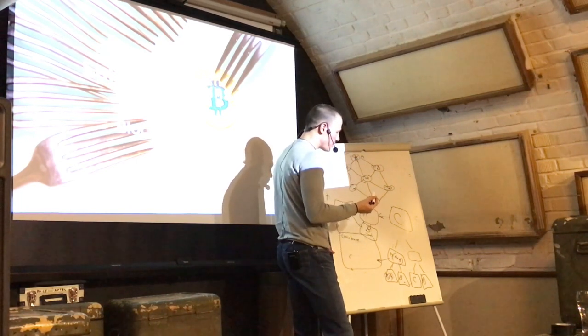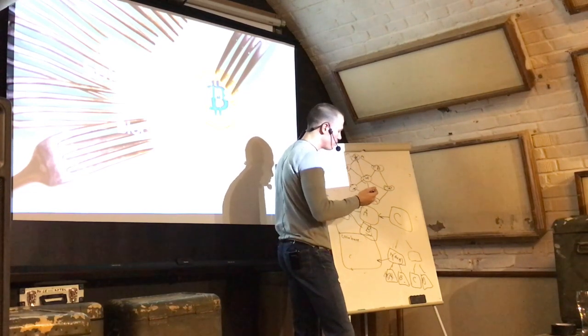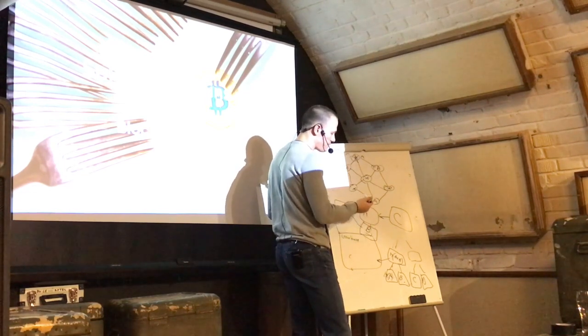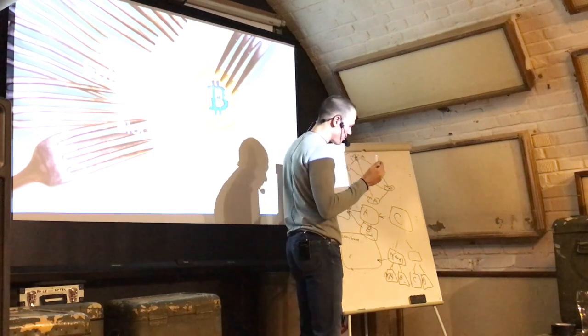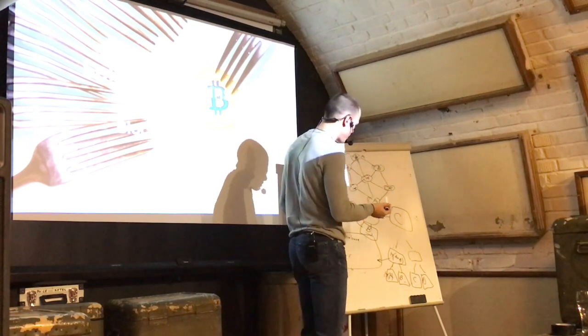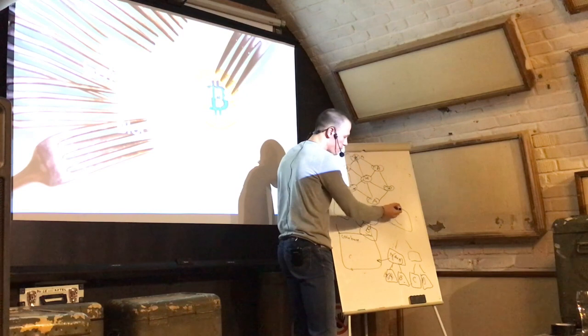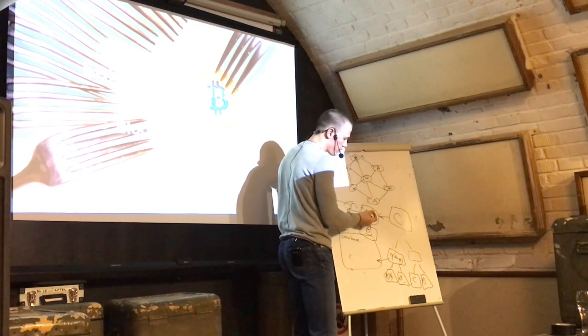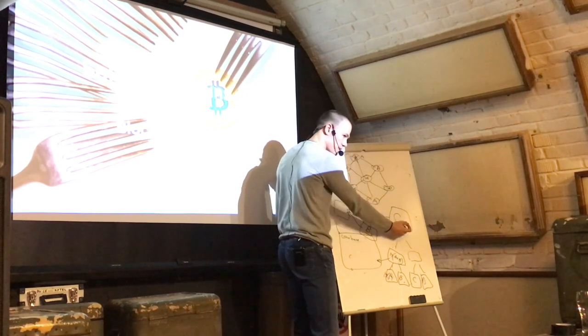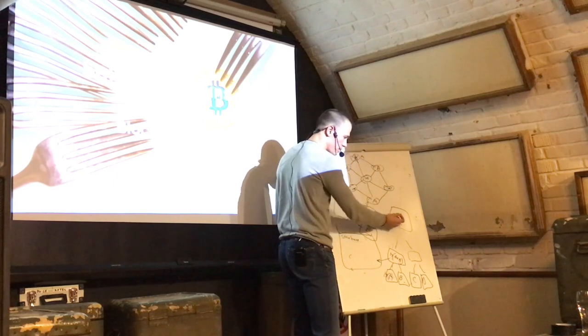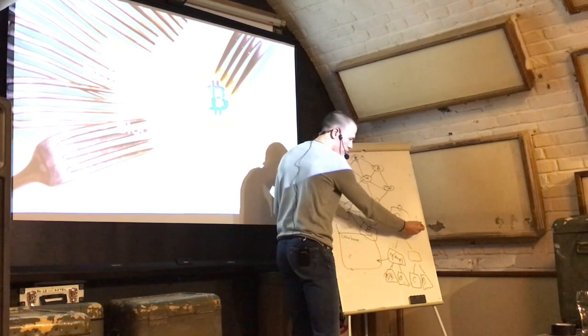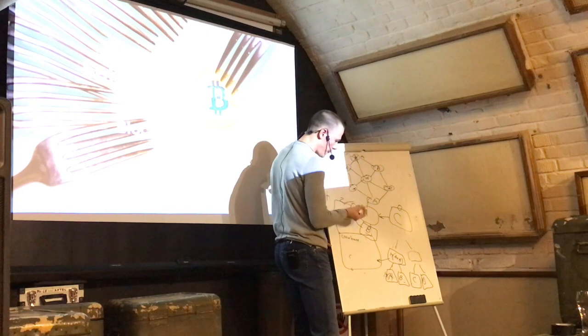So what people actually do, and I forgot to introduce you to this, is the concept of confirmations. What is a confirmation? Basically, it's very simple. For a block, the confirmations are the number of blocks that come after it. So this block has one confirmation. This block has 0 confirmations, as there are no blocks after it, and this block has 2.